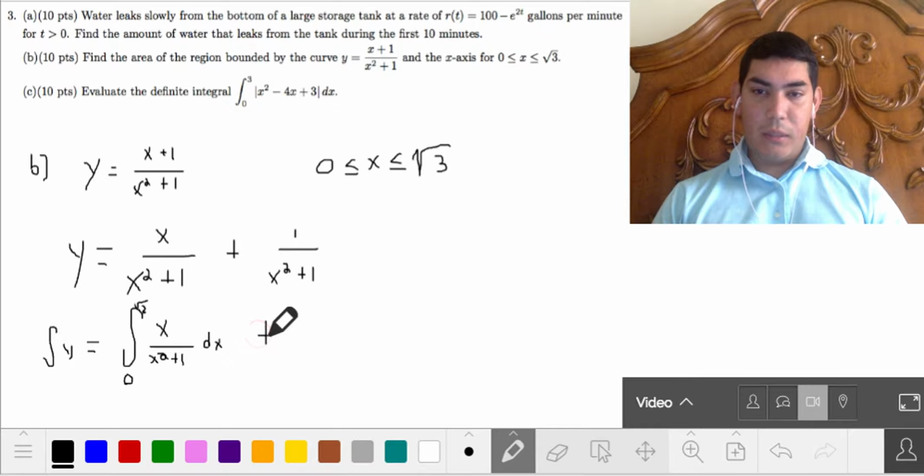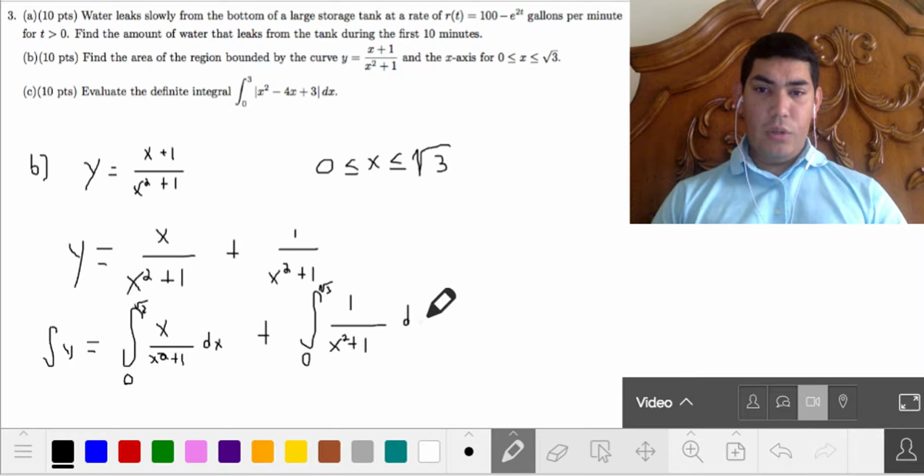Plus, sorry, the integral between 0 and square root of 3 of 1 over x squared plus 1 dx. So let's look at the first integral that we want to work on.